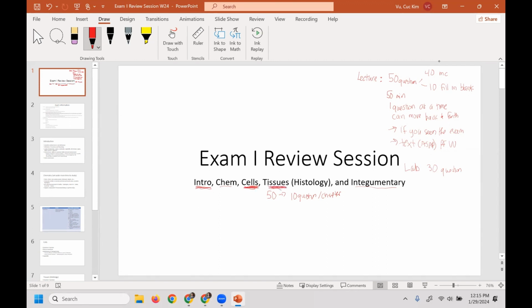These three things are what will be on your lab: the histology slides for the tissue, the slides for the cells, and all of those terms, like anterior, posterior, pedal, axillary, and so on. All of those terms will be on your exam.